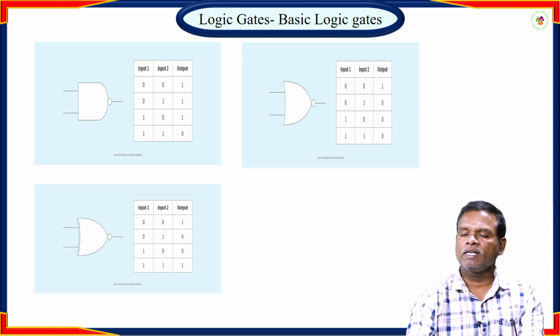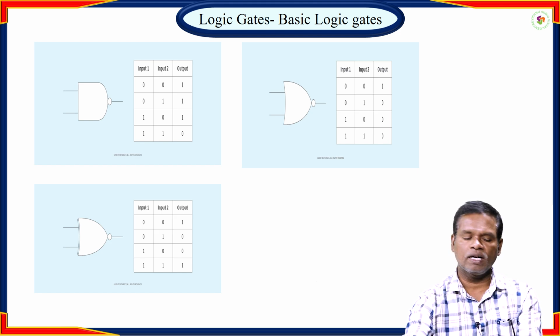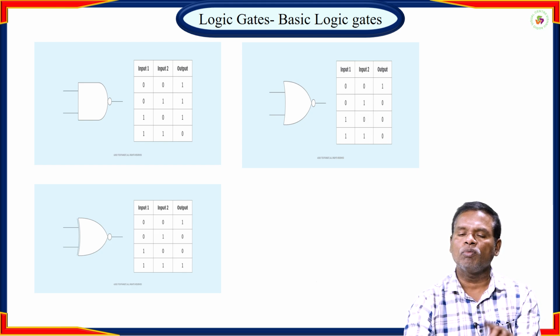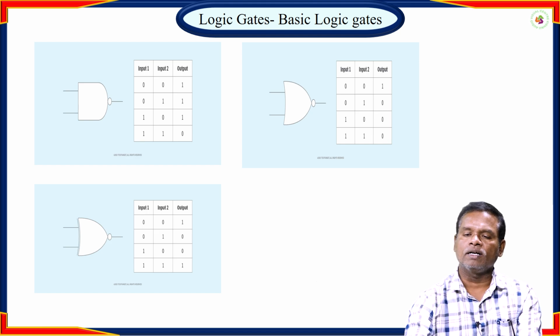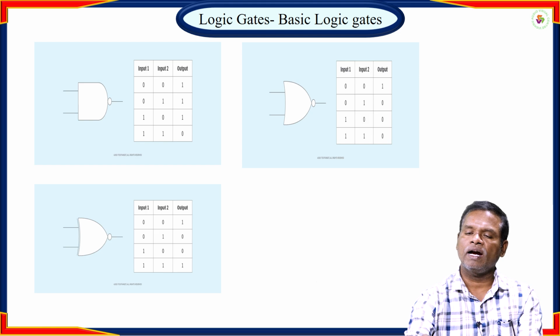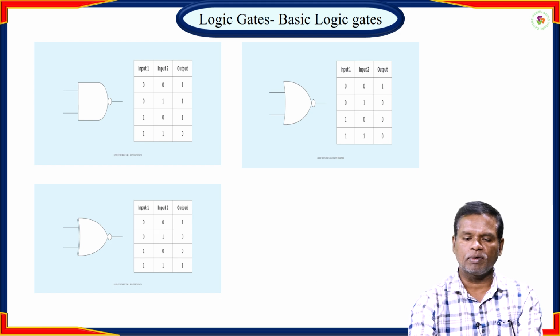In the remaining 3 combinations, at least one of the inputs is 1, so we get output as 0. So the operation of the NOR gate is opposite to that of the OR gate. That's why the symbol looks like the OR gate with a bubble at the output, meaning we are complementing the output of the OR gate to get a NOR operation.